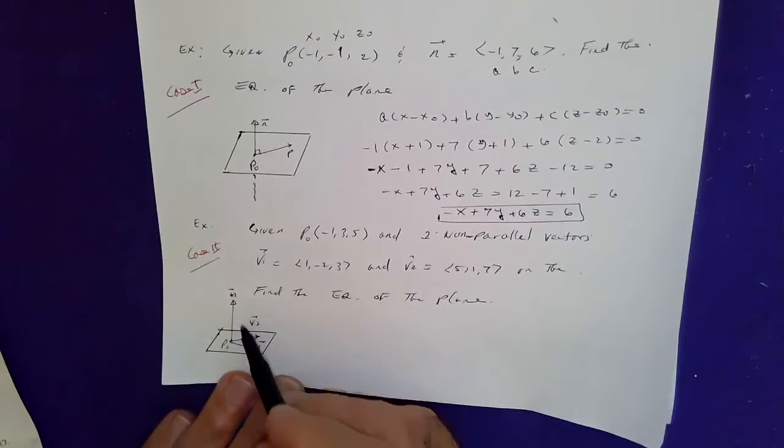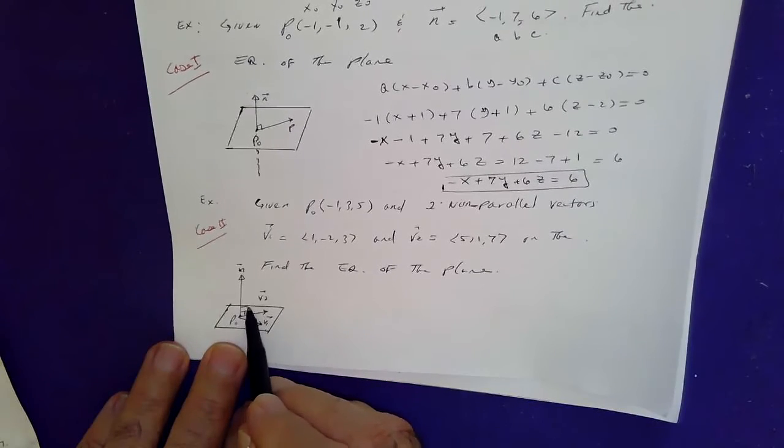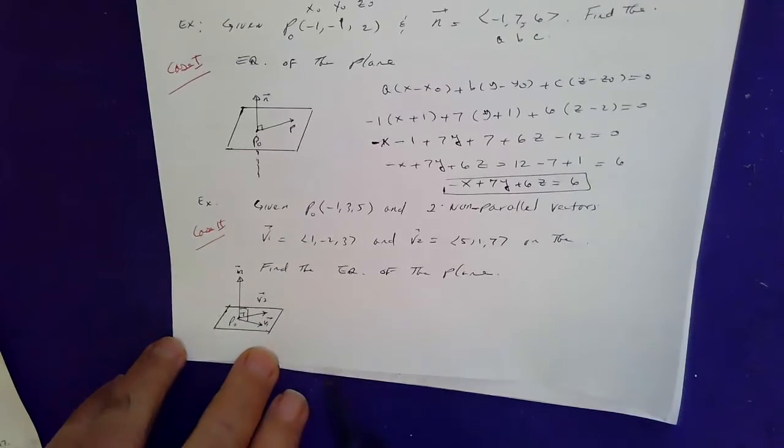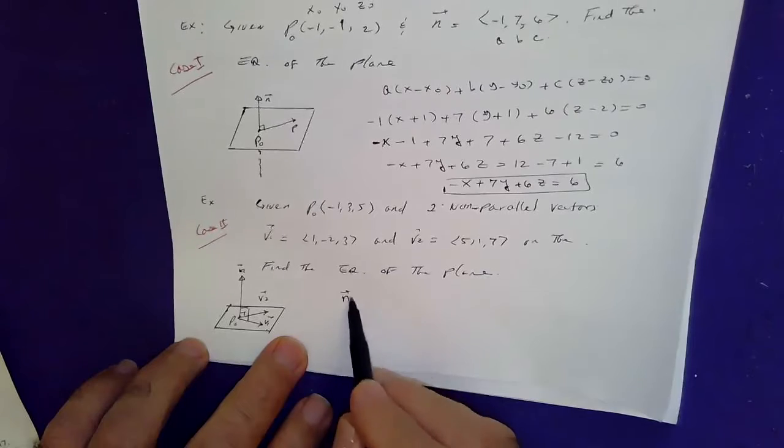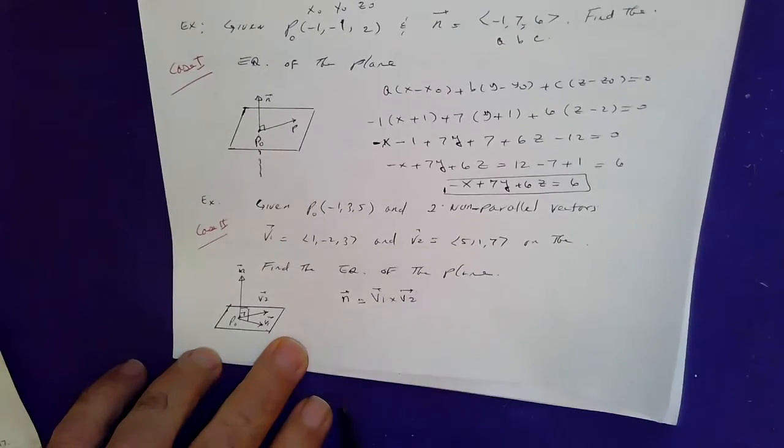So because the normal vector by definition is perpendicular to every vector you draw on the plane, the normal vector has to be the cross product of v1 and v2.